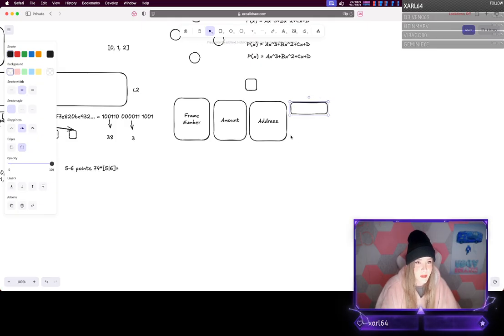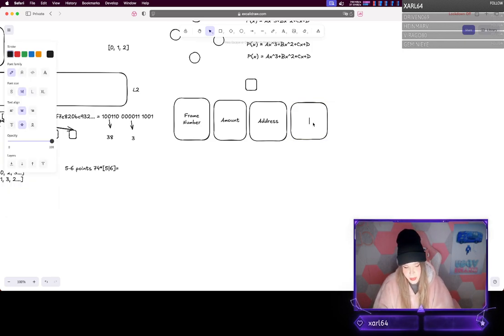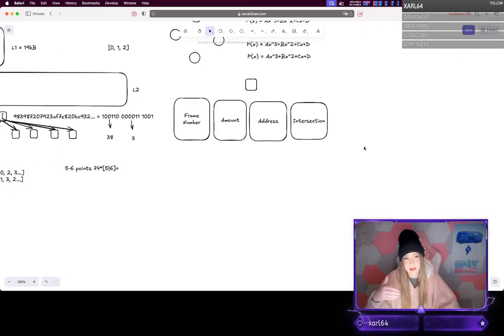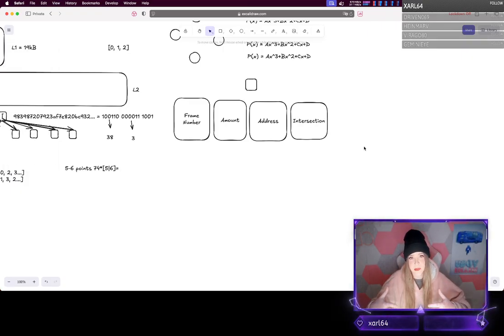And then the last piece, well, actually there's a bit more to that in a second, I'll get to. And then the last piece is essentially the, it's called the intersection. The point of that is to provide proofs if you need to for compliance reasons. For example, say that you are sending tokens to an exchange.